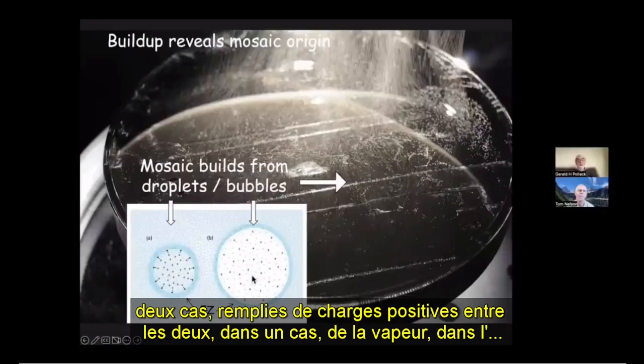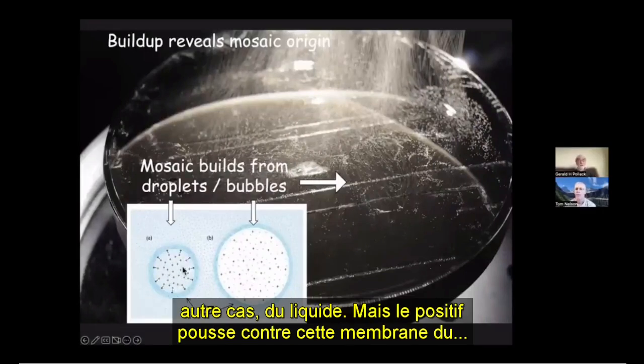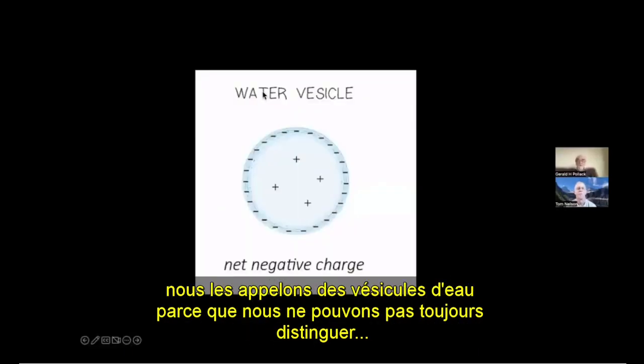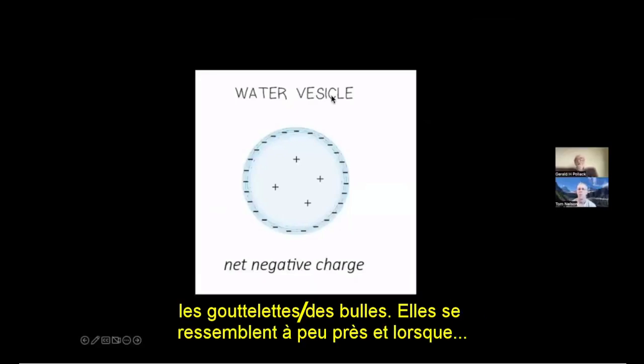In one case, vapor, the other case, liquid. But the positive is pushing out against this membrane of negative, and that's the reason why droplets and bubbles are spherical. So we call the two of them water vesicles because we can't always distinguish between droplets and bubbles.